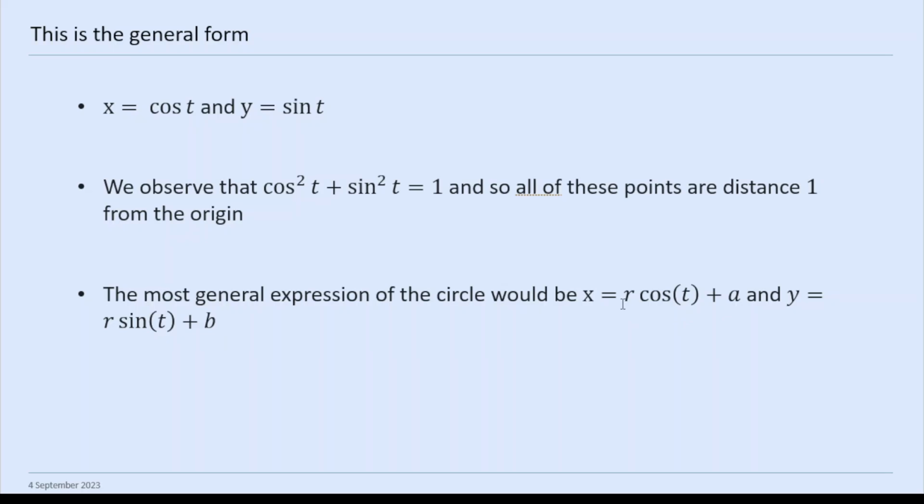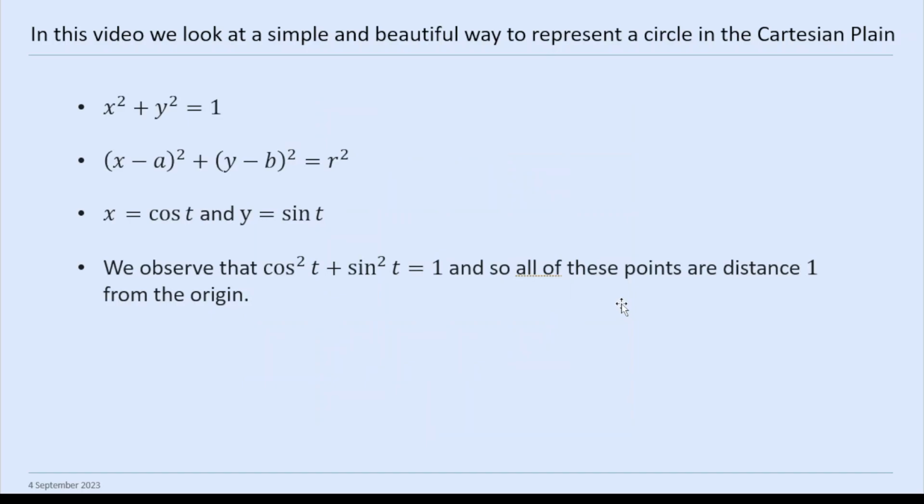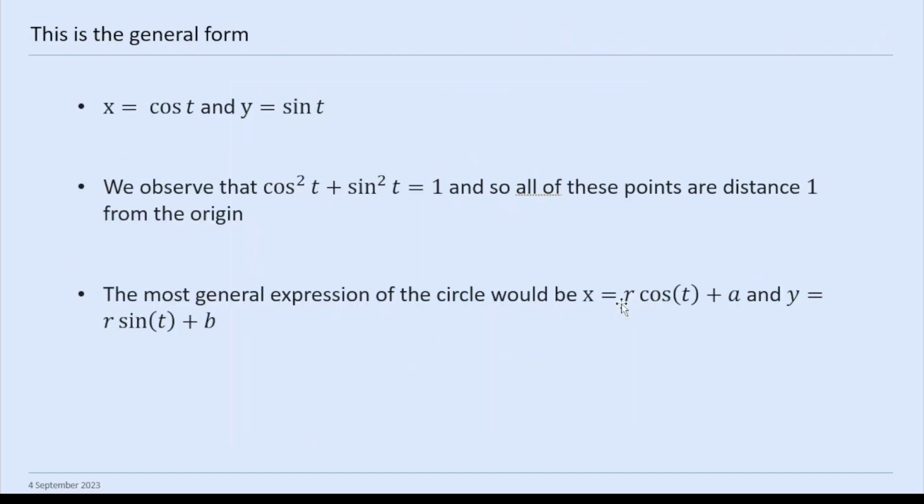So this is the general formulation, which matches (x minus a) squared plus (y minus b) squared equals r squared.